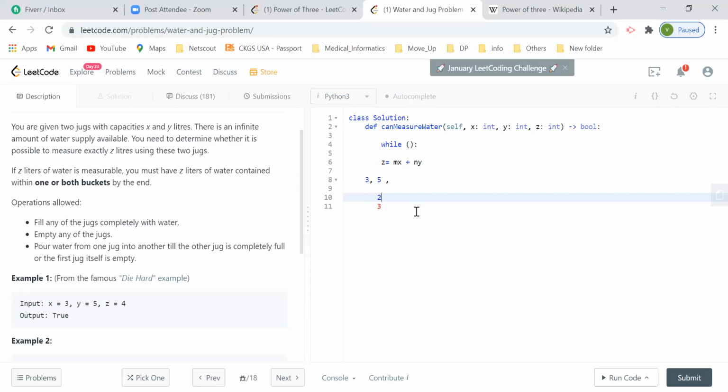2. How do I make 1 then? Empty any of the jugs, so you're left with 3 and 3. Water in this, minus 1, 4. Empty any jug.